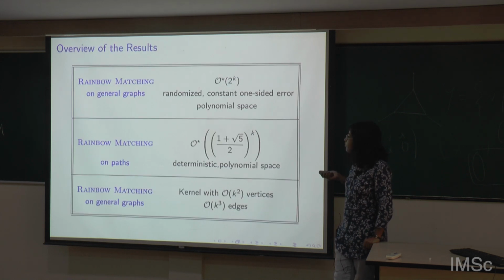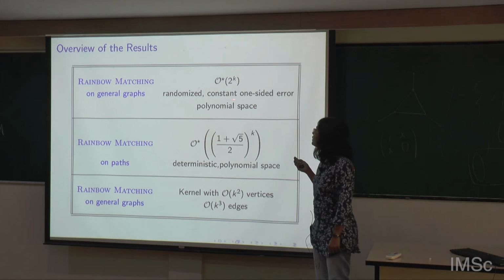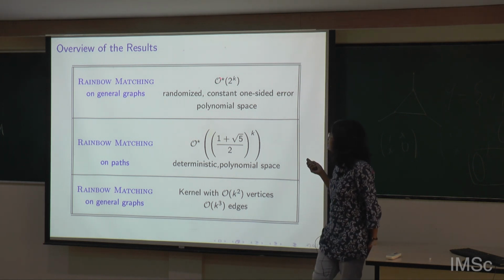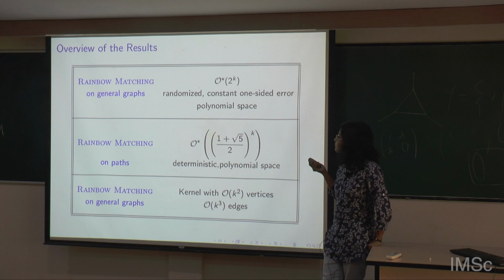So we turn to look at the parameterized complexity of this problem with the parameter solution size, that is k. Rainbow matching on general graphs admits an O-star 2 to the power k algorithm, where the star means I am hiding polylog factors. This algorithm is randomized and can be achieved by a reduction from 3-set packing, so if the time complexity of that problem improves, then this will also improve.